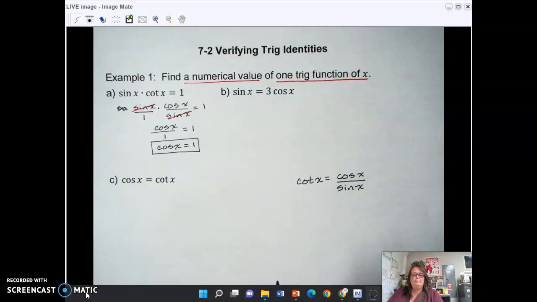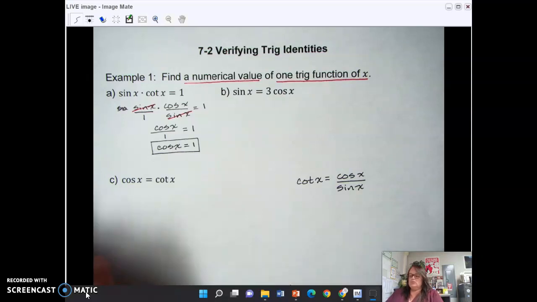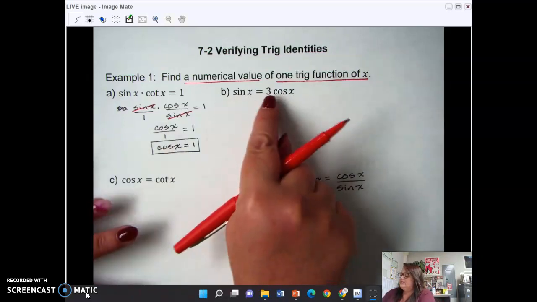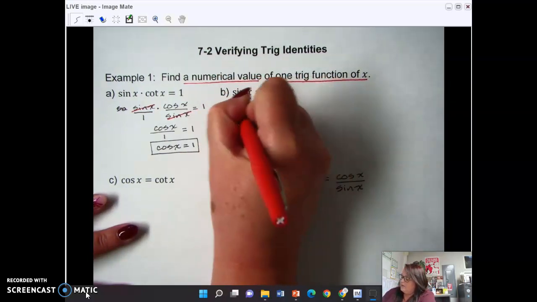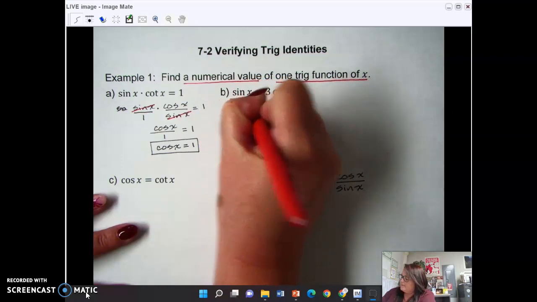So if we take a look at B, pause the video for a moment and see if you can come up with one trig function of x equal to one numerical value. So hopefully you can see I want to get this 3 by itself. So I'm going to divide both sides by cosine of x.